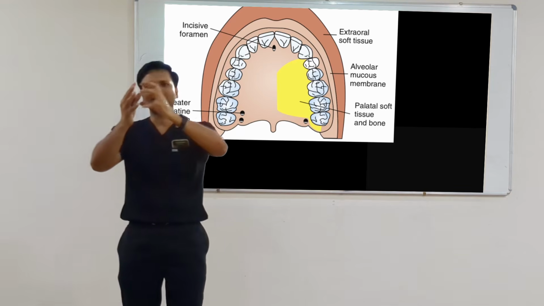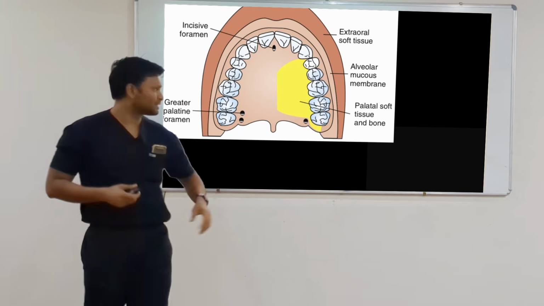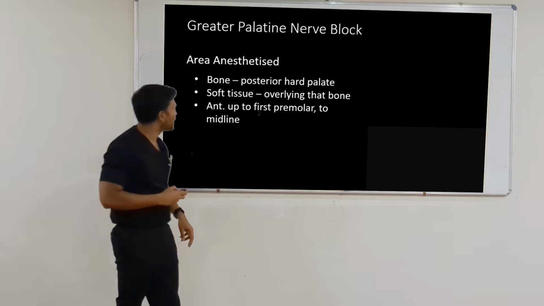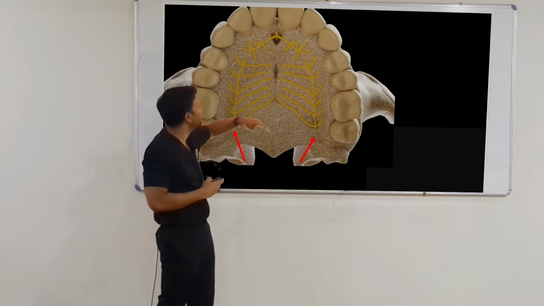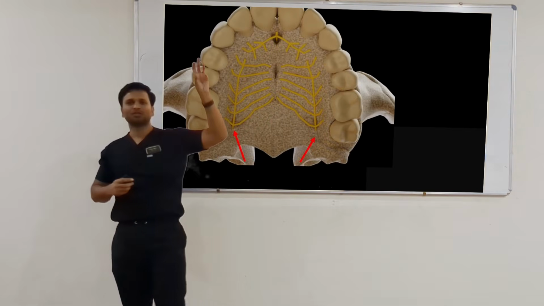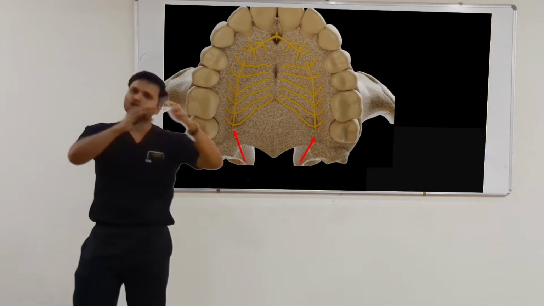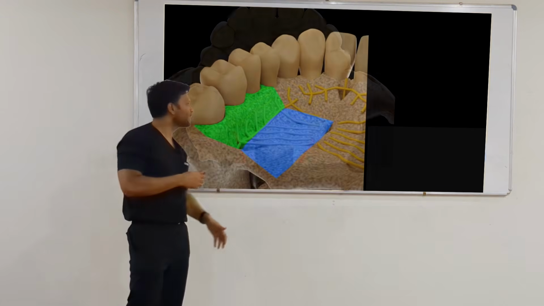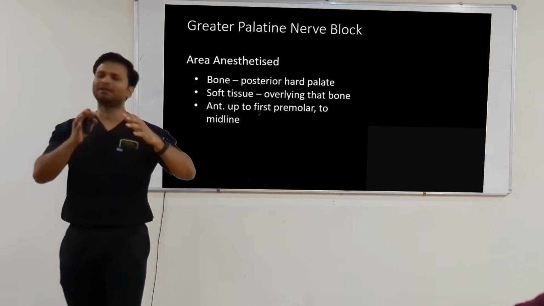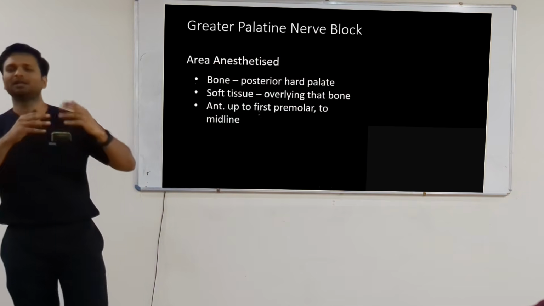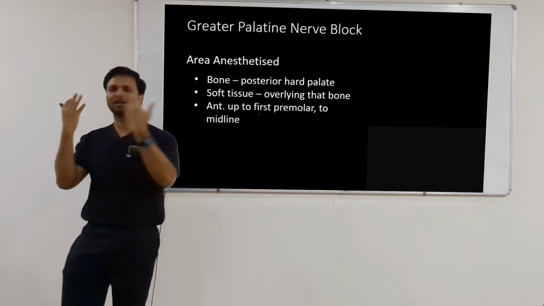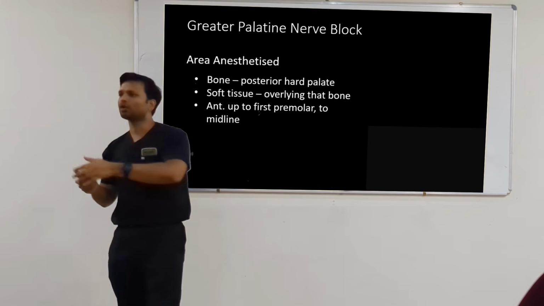So this is going to cause pain to the patient. Whereas where we have the foramen, there is already a depression available, so we have some space already present where we can deposit the LA. Okay, so in the palate it is preferred that we give a nerve block, and on the labial or buccal side it is preferred that we give local infiltration.